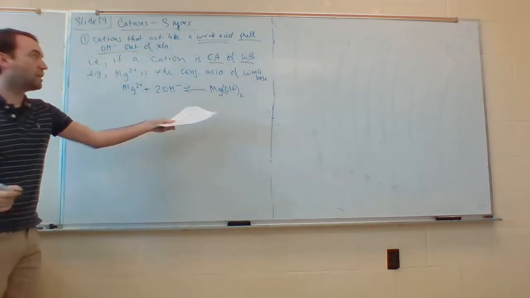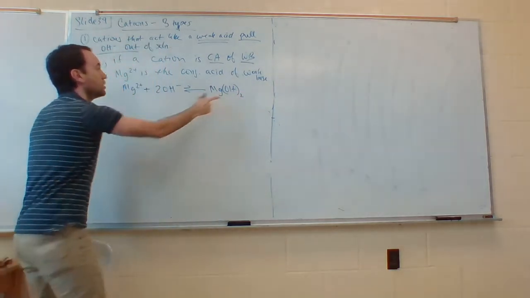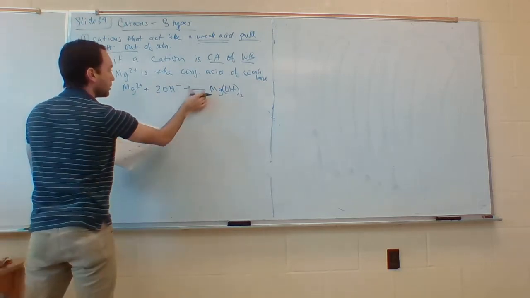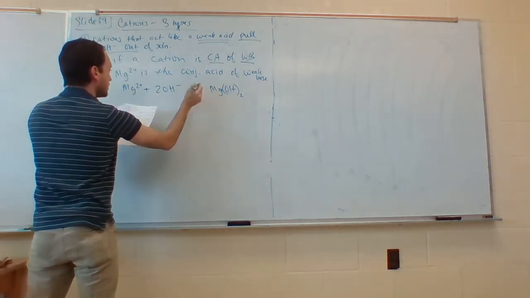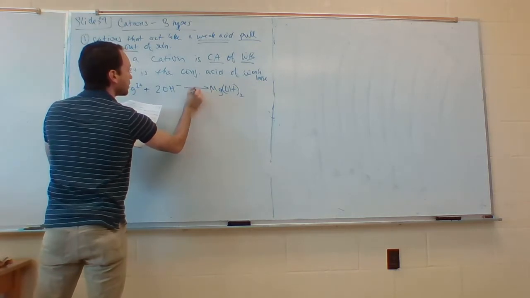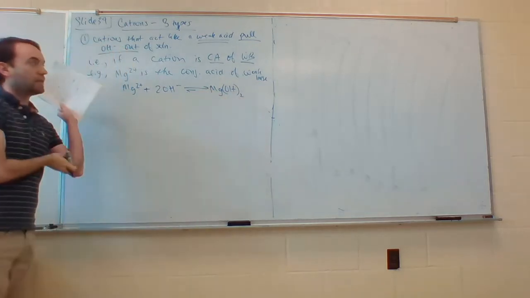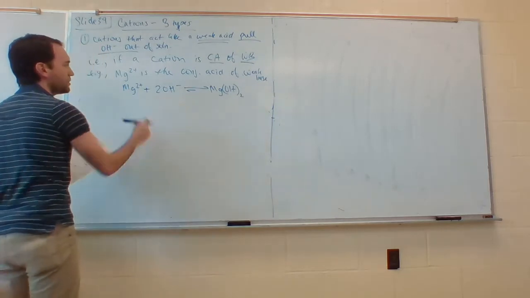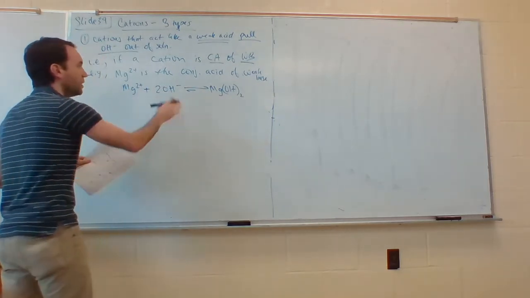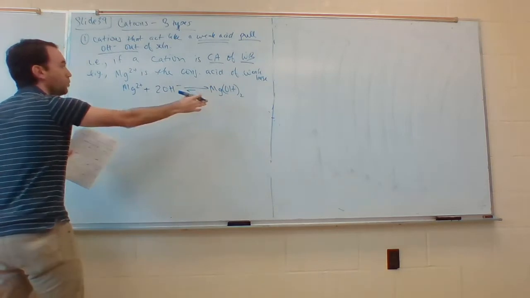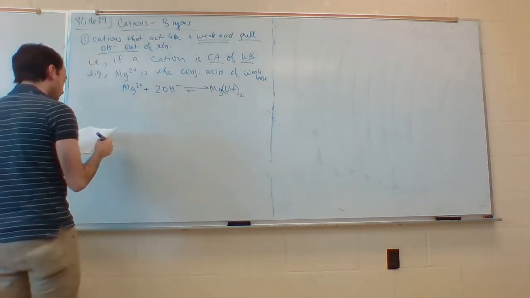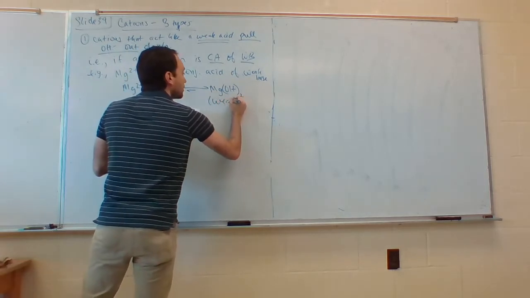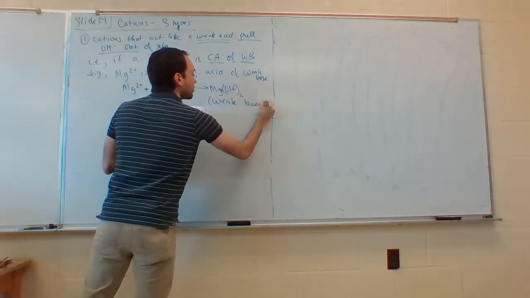Well, magnesium hydroxide is a weak base, so that means that it is going to favor the solid form rather than dissociating. It will dissociate a little bit, but it forms an equilibrium because it's a weak base.